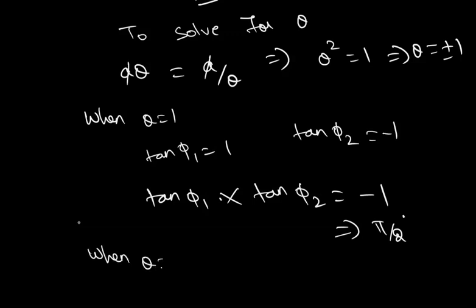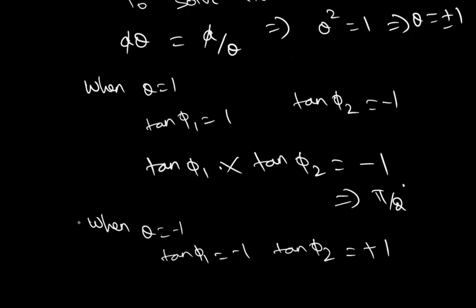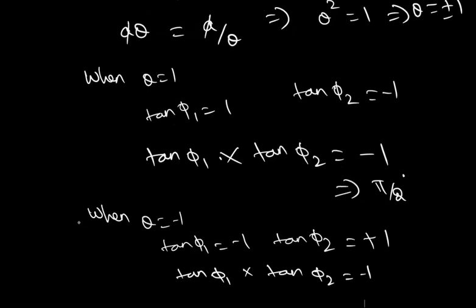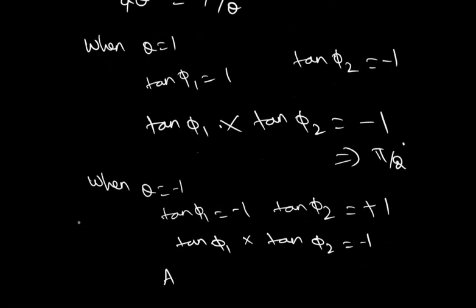When theta is minus 1, tan phi 1 will become minus 1 and tan phi 2 will become plus 1. Again, when you multiply tan phi 1 into tan phi 2, you get the same value, minus 1, which implies the angle of intersection is 90 degrees.